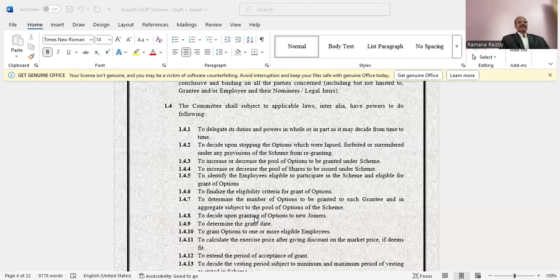To decide upon granting of options to new joiners. So this grant can be issued to existing employees and even to new joiners. This will be decided by the Nomination and Remuneration Committee.